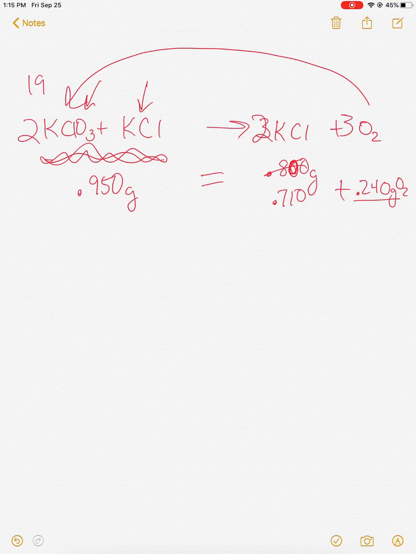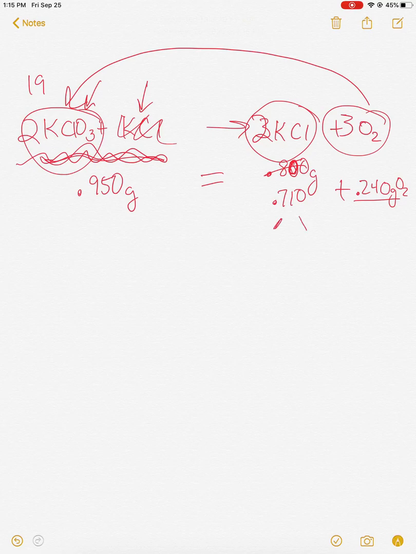So even though it's a mixture, we don't really need to worry about that, because really the only thing that really and truly reacted was this, and it became this and this. Okay, so you've got the stuff that reacted, but you also have what you started with. So some of it is still from the mixture, and some of it is produced from the KClO3.